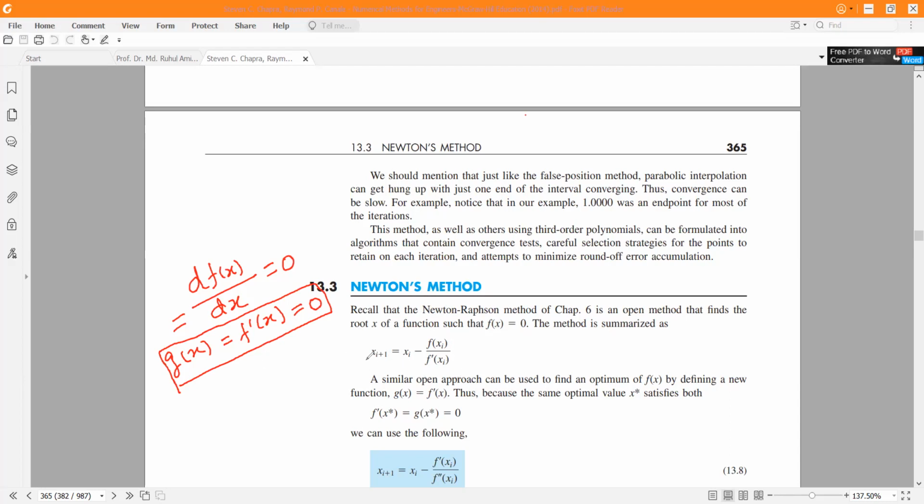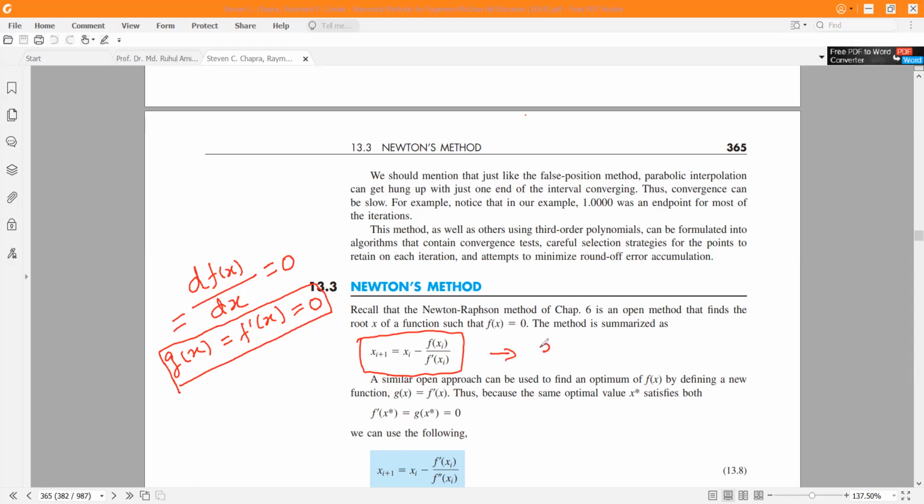Okay, so this equation is just a simple replication of the general form of your Newton method. It is a gradient projection method. For this, you have to evaluate the gradient or derivative. Then your new point will be equal to the old point minus this ratio f(x) divided by f prime(x). Here, if we want to apply it for the derivative of f(x), g(x), then we have to replace the terms.